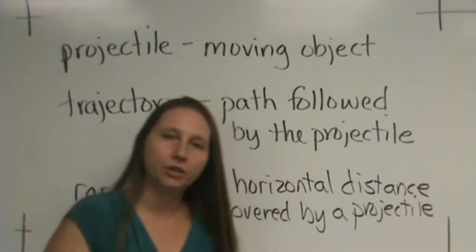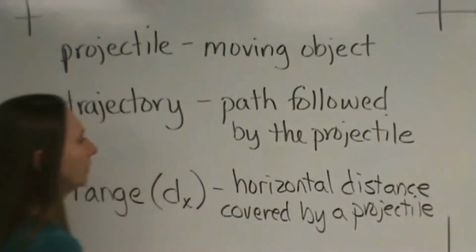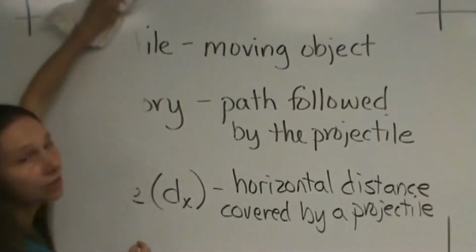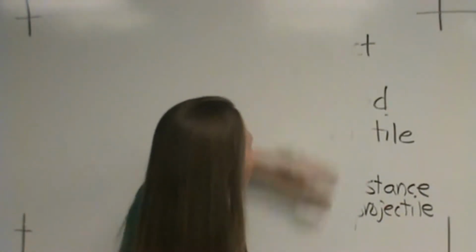Generally speaking, the easiest way to measure this is right along the ground. Let me show you a diagram of these three vocabulary words in action in what could be a real problem.